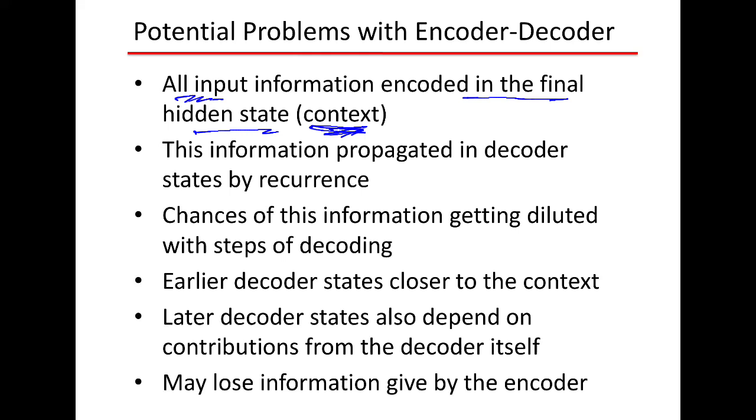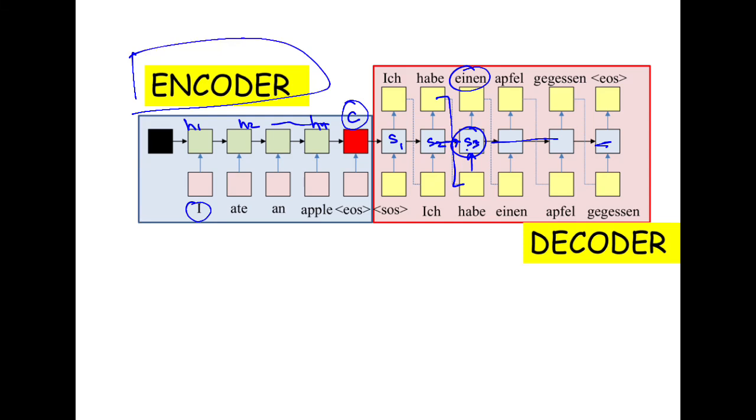So that's one problem. The second problem is in the decoder, this thing is propagated stage-wise, one to the next, and so on. So if I look at the first state, I got the complete context of the input sentence. But if I go to the next state, then I've already looked at my own output, and based on that I've modified my context. So by the time I come to the last context, I've already diluted the information that I had stored in the input sentence context.